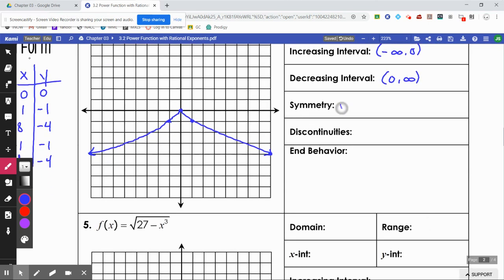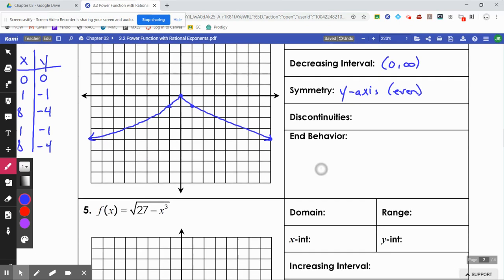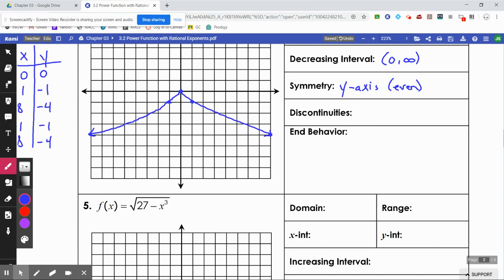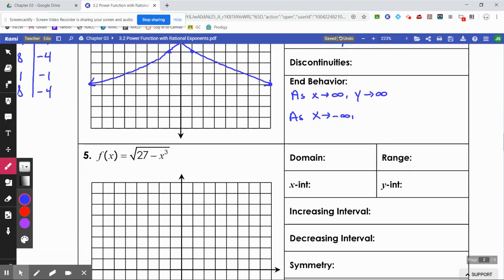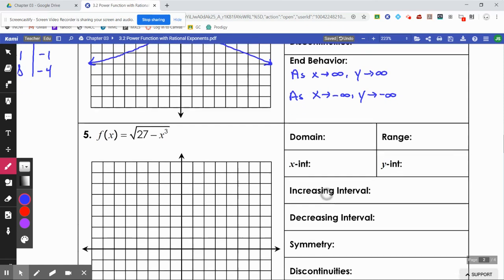Symmetry, this actually has y-axis symmetry. So therefore, this would be, I'm going to put in parentheses, an even function. Discontinuities, there are none. In behavior, as we travel to the right on our graph, our y value goes downhill to infinity. As we travel to the left, our y value also goes downhill.